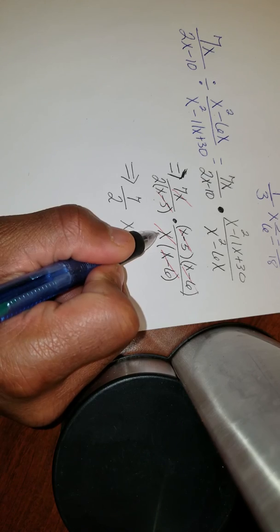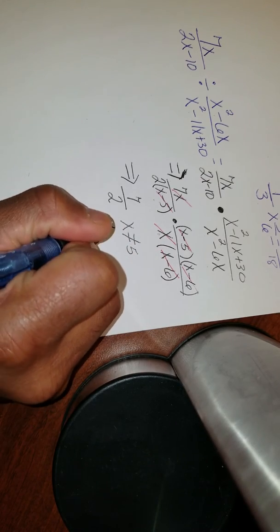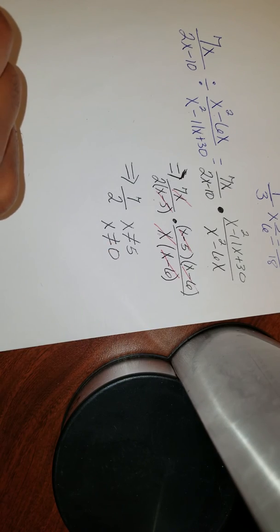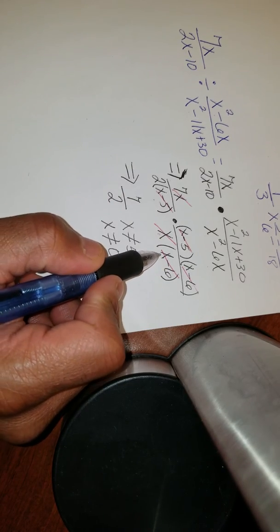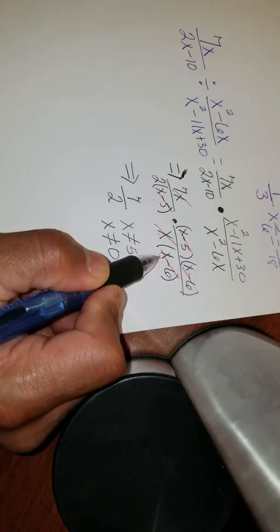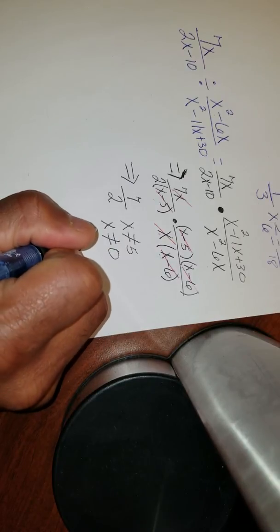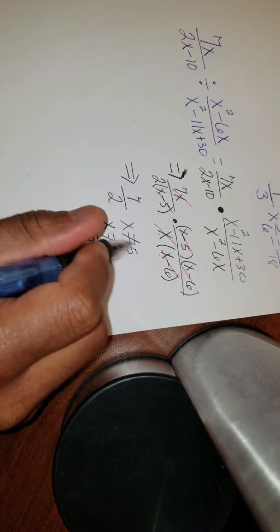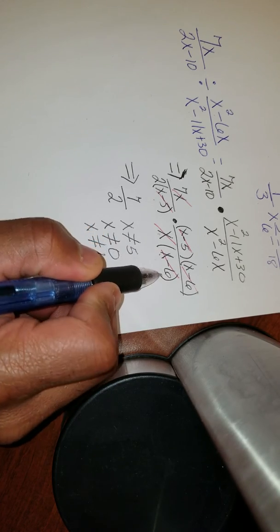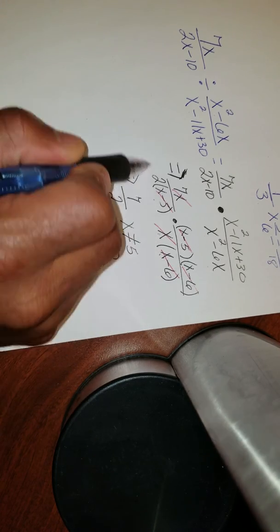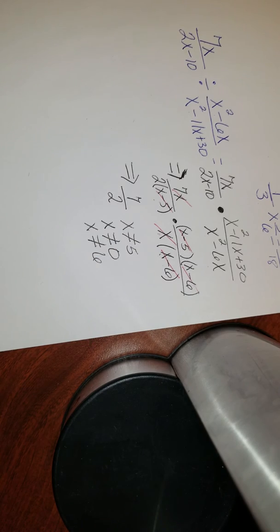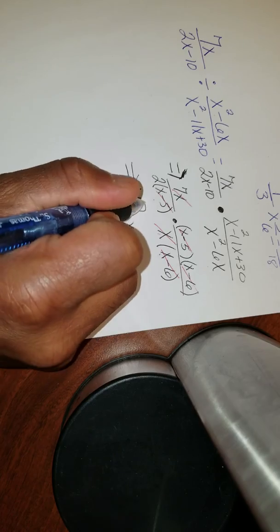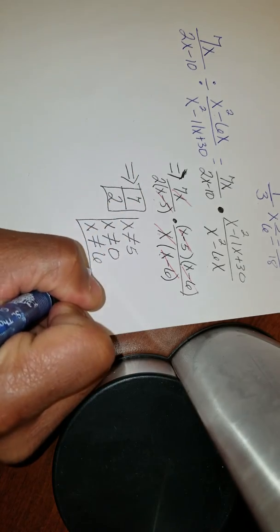If I take this x and set it equal to 0, it'll let us know x cannot equal 0. And lastly, this one here, x minus 6, you set that equal to 0, and you find out that x cannot equal positive 6. Positive 6 minus 6 will make that 0, and it will also make my entire denominator 0. So both 7 over 2 and what x cannot be equal to is my final answer.